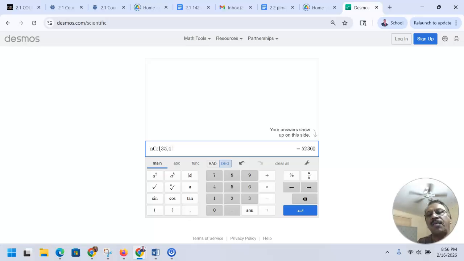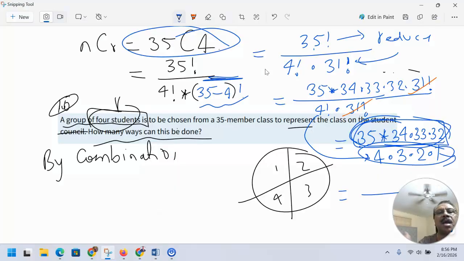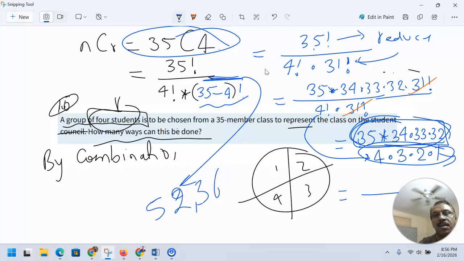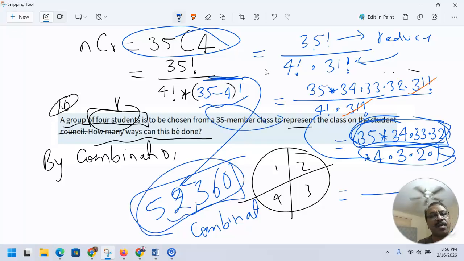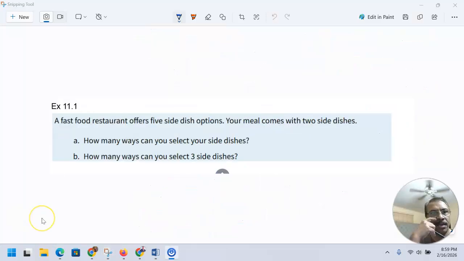And you can see the combination is 52,360. So go back here, and the answer is 52,360 combinations of picking 4 students from 35 members. These are the number of combinations, and you're done. That's it, not much.